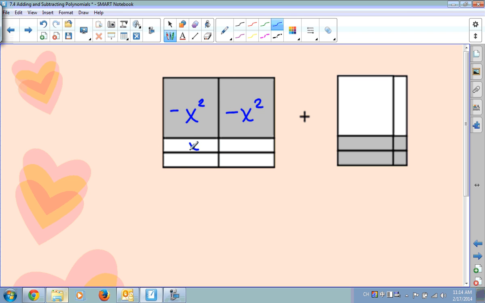These are actually x's. Okay, this is an x squared, a positive. This is an x. So what do you think these bars that are shaded in are? Negative x. Okay, so the shaded in are negative and the not shaded are positive. So what are these guys? Negative ones. They're not numbers, they're negative ones.